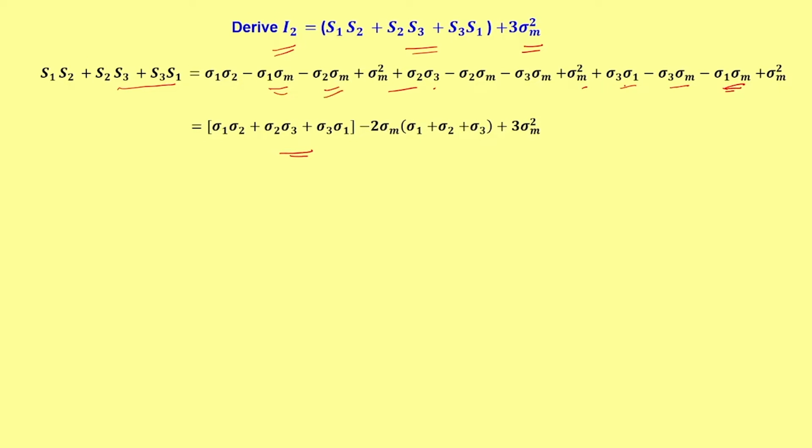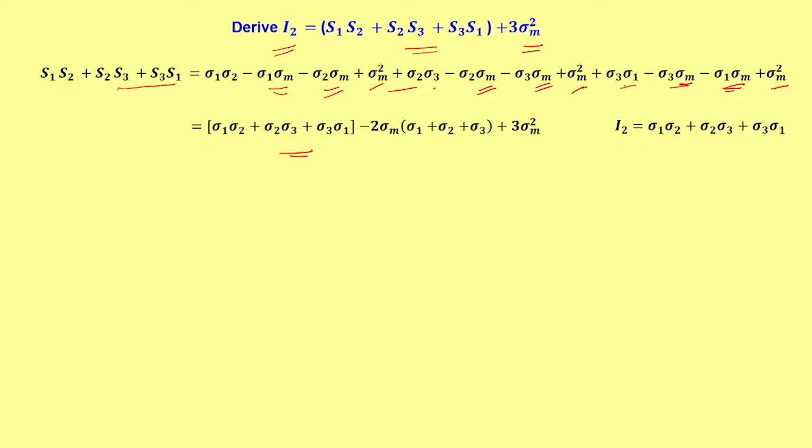Similarly sigma 2 sigma m, sigma 2 sigma m, sigma 3 sigma m and sigma 3 sigma m. Yes, so all of them are twice. So, minus 2 sigma m, sigma 1 plus sigma 2 plus sigma 3, plus 3 sigma square m. If you count all these sigma square m, 1, 2 and 3, so that is 3 sigma square m.